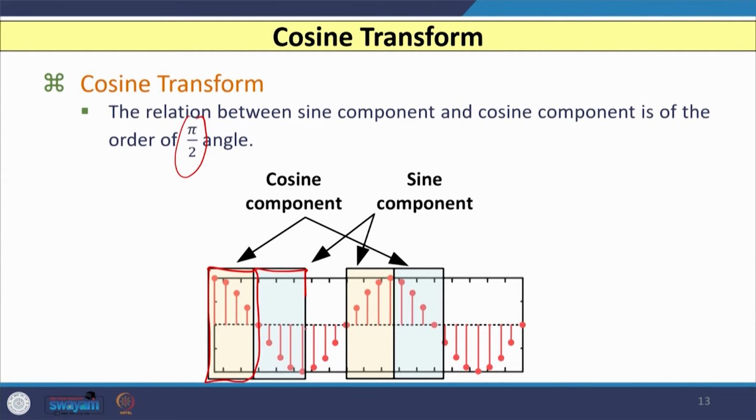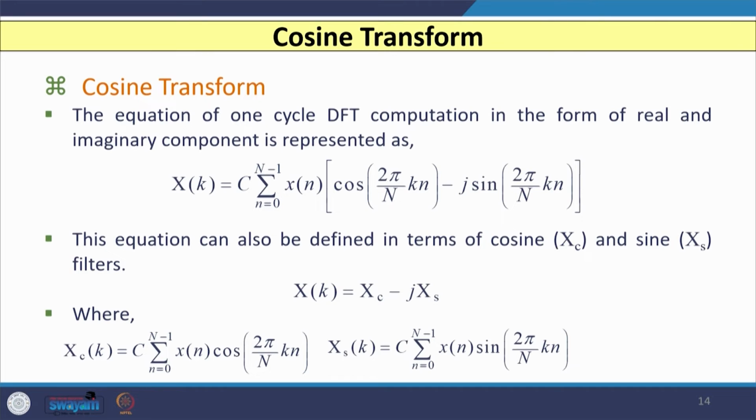If I have this signal available and I delay it by pi by 2, then the other signal is available like this, and the same is applicable in the other case. So, if I use the equation of the one cycle DFT for the computation of real and imaginary components, it can be represented by this equation, which we have discussed earlier.